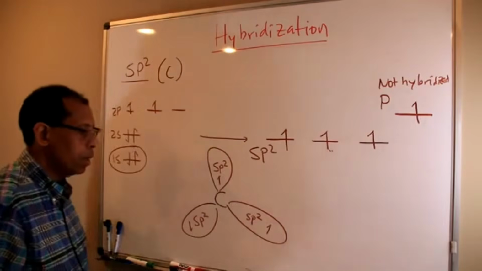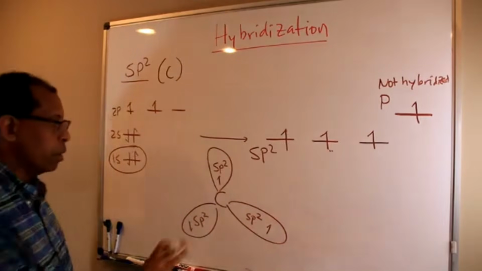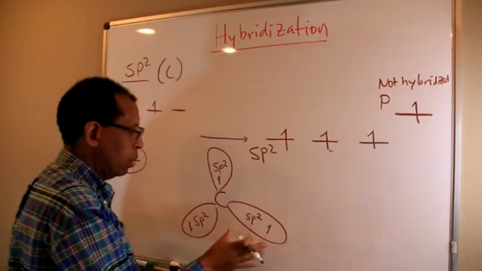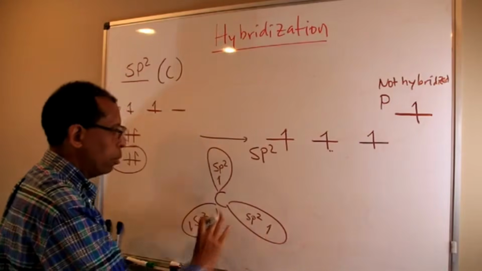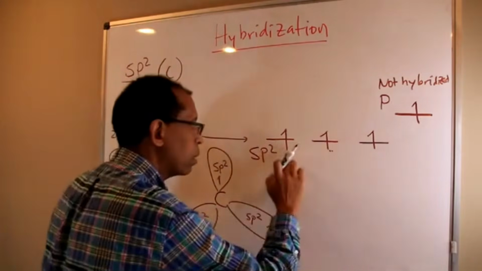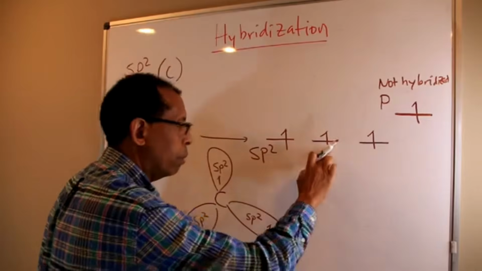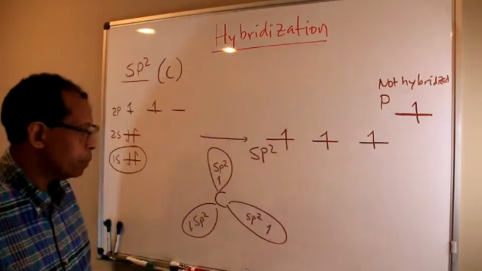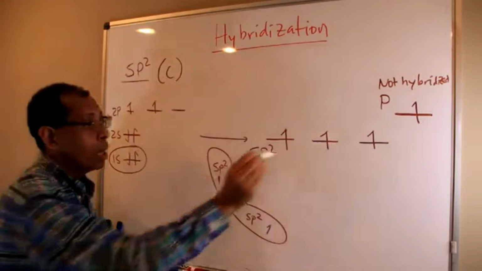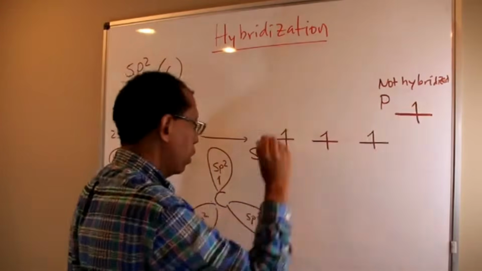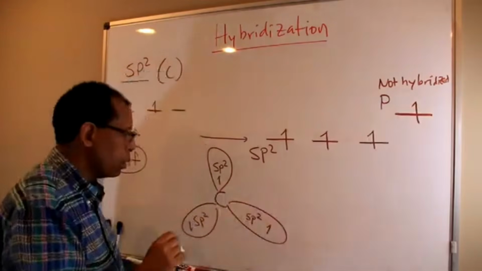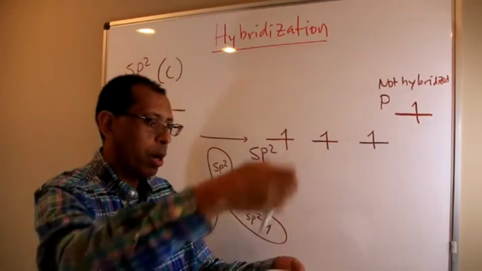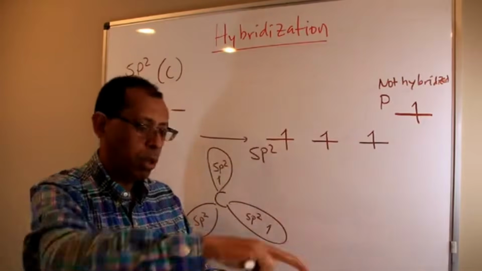But remember that, as I said, these sp2 orbitals are now hybrid orbitals. These are the ones which will be, for example, making a bond. But remember, there is a p orbital still on carbon. That p orbital is perpendicular to the sp2 orbitals.